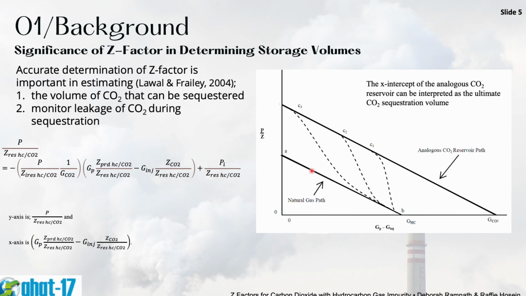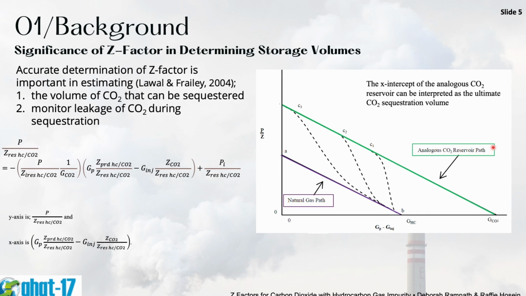Firstly, a linear line is observed from the extrapolation of the historical production of gas from a hydrocarbon reservoir. This is labeled as natural gas part. A second parallel line can be drawn which reflects the predicted performance of the same reservoir with CO2 instead of hydrocarbon.